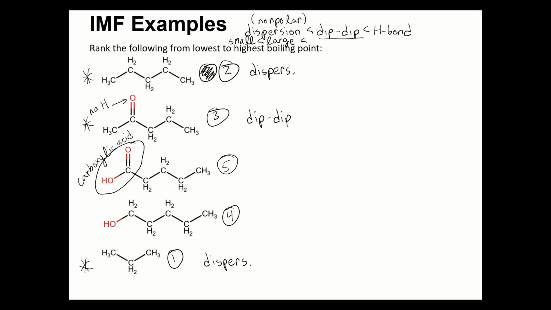And the reason why a carboxylic acid has a higher boiling point, because both of these have hydrogen bonding, right, is because that hydrogen can technically bounce between those two oxygens.